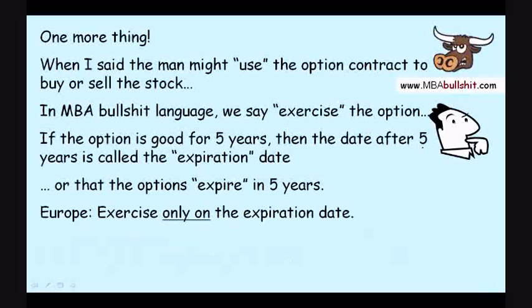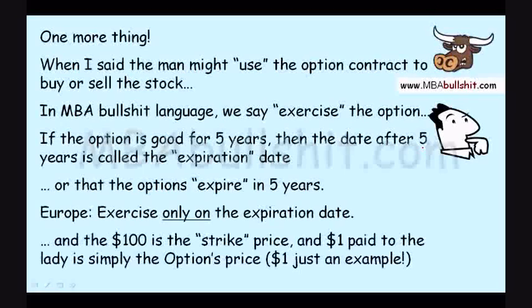And the other thing is we kept on talking about this $100 that the man might buy the stock from the lady, right? This $100 that he might buy at is called the strike price in MBA bullshit language.